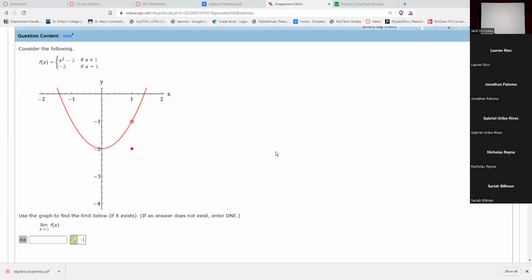Where's the question at? Oh, here it is. So this is f of x. It's a piecewise function. Do you guys remember piecewise from college algebra? They glued 2 functions into 1 function. This function is made of 2 pieces. Piecewise function. That familiar?